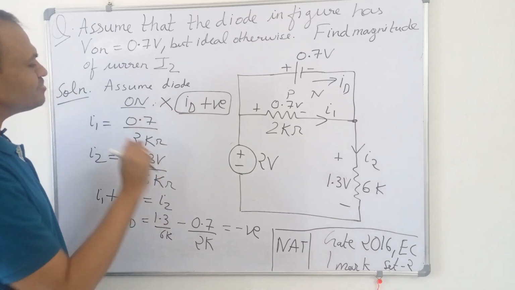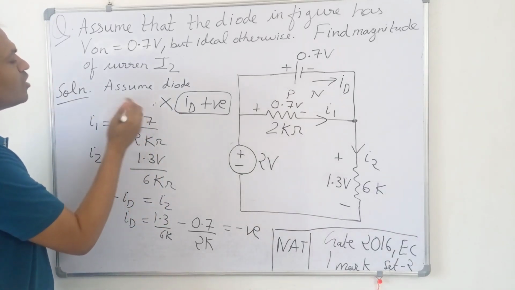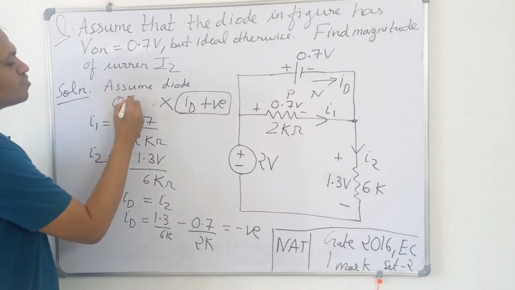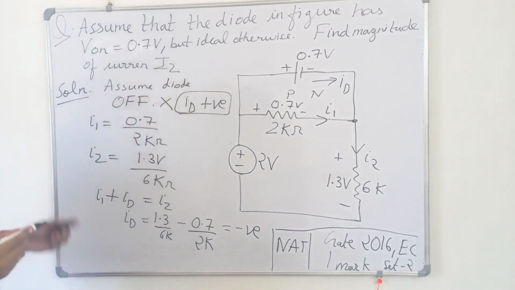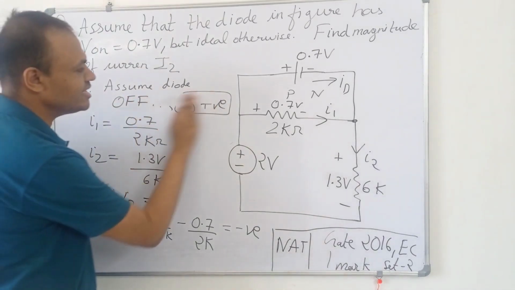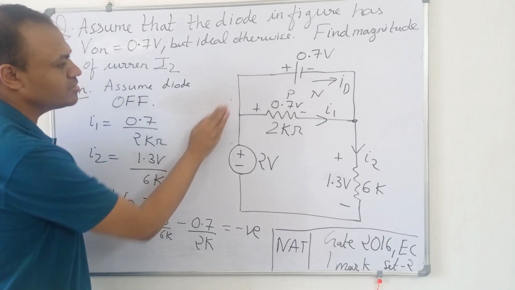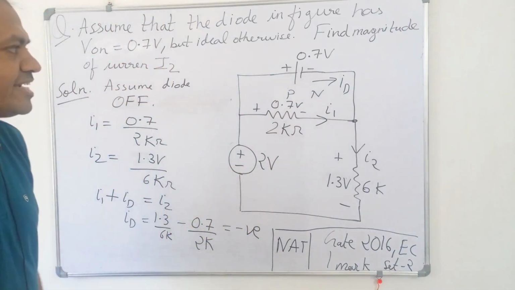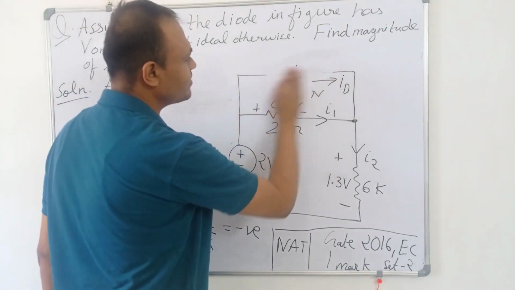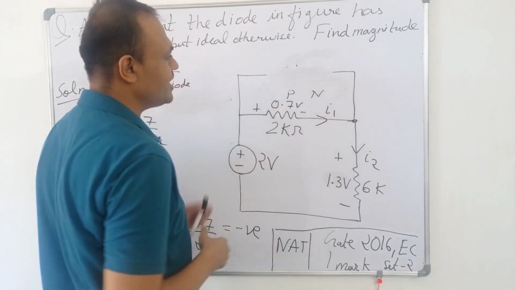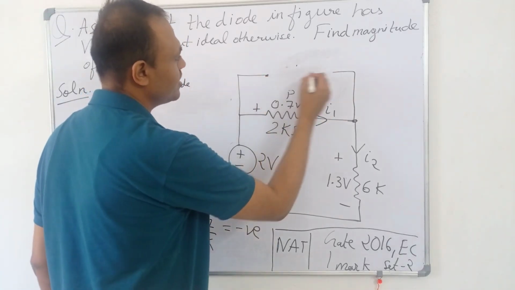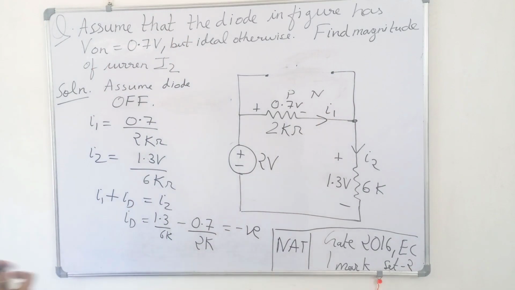So now we will take the second case. We will assume that the diode is off. Let me redraw the circuit. The off diode is simply replaced by an open circuit.